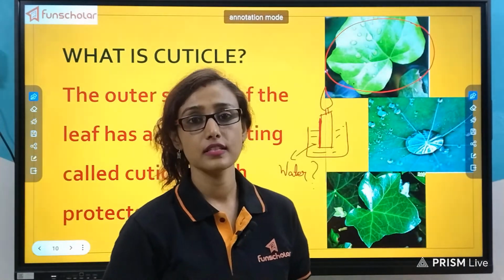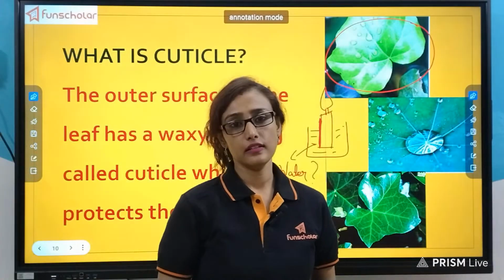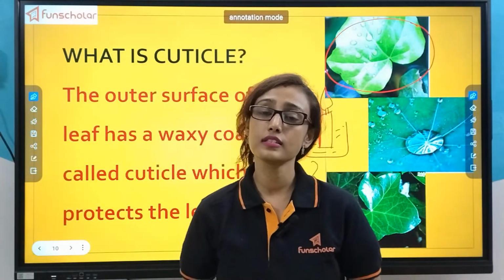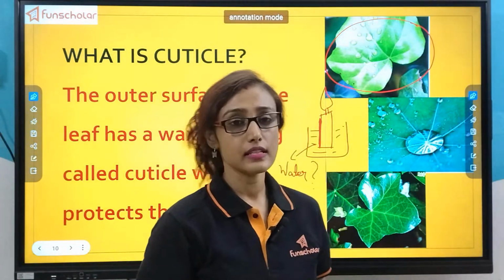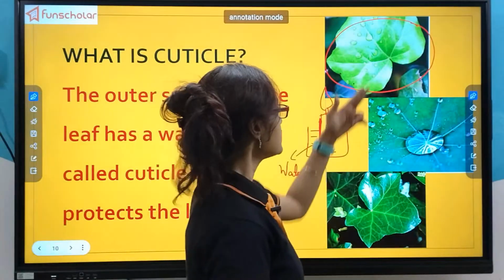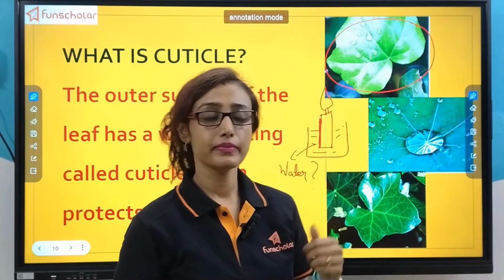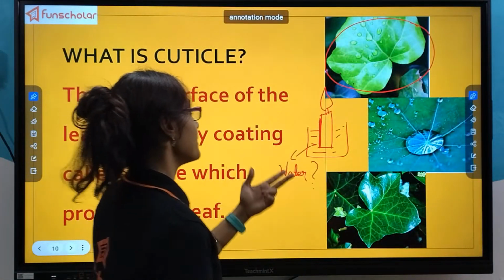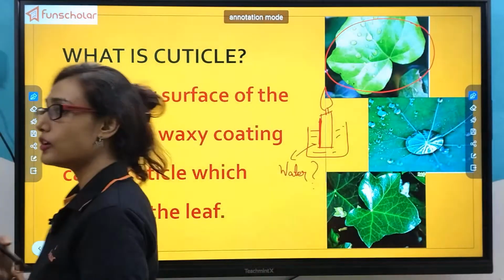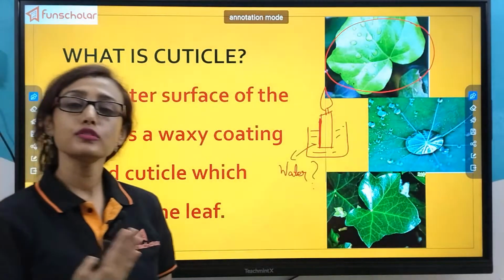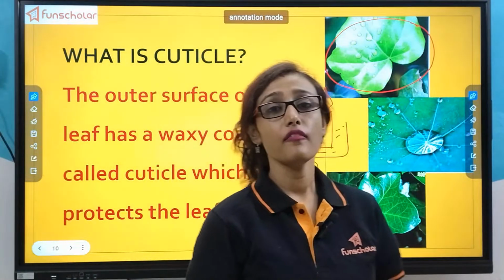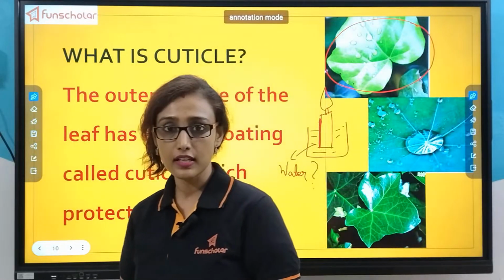On mountains, under the sea, in the rivers, in the ponds, in the deserts, everywhere. Okay. So this waxy coating, what do they help with? They help in the prevention of water loss from the plant. Also, they protect the plant from various climatic conditions.